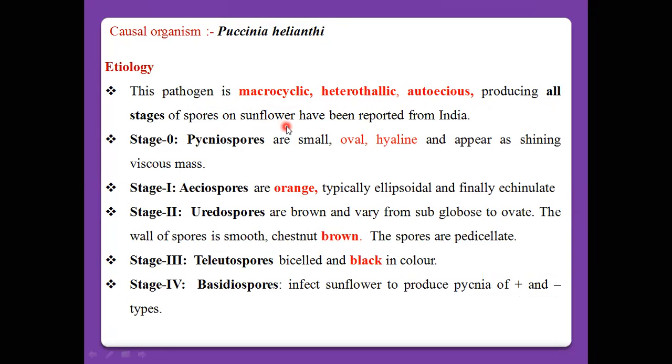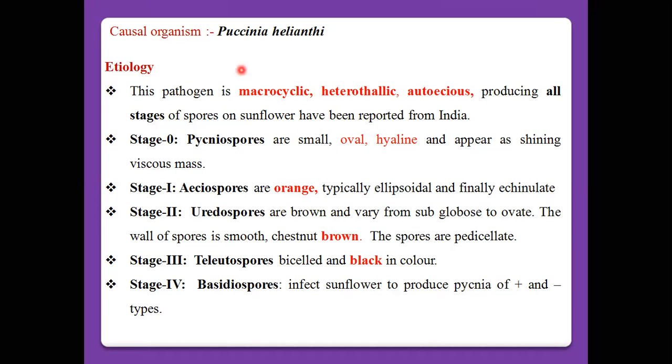Okay, in wheat crop, the Puccinia pathogen is heteroecious in nature. Okay, heteroecious in nature means this pathogen requires more than one host to complete the life cycle.